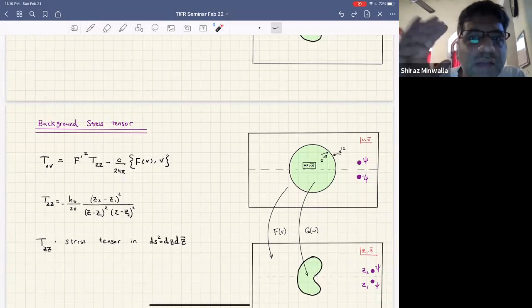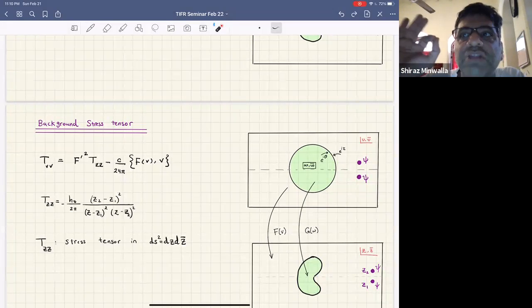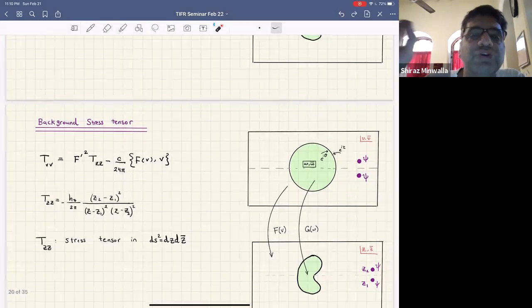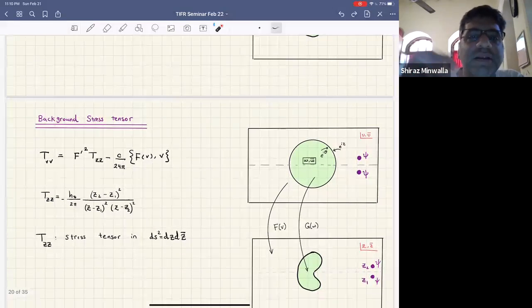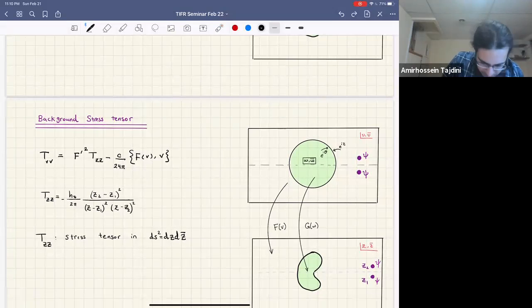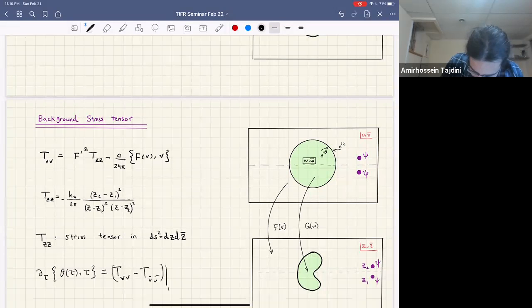I see. So your final equation is this. I'm sorry to go on, but is that your theta of tau obeys the equation of motion that comes from the Schwarzian? Is this right? Yeah, exactly. So the equation will be something like T_VV minus T_V-bar, at the interface.